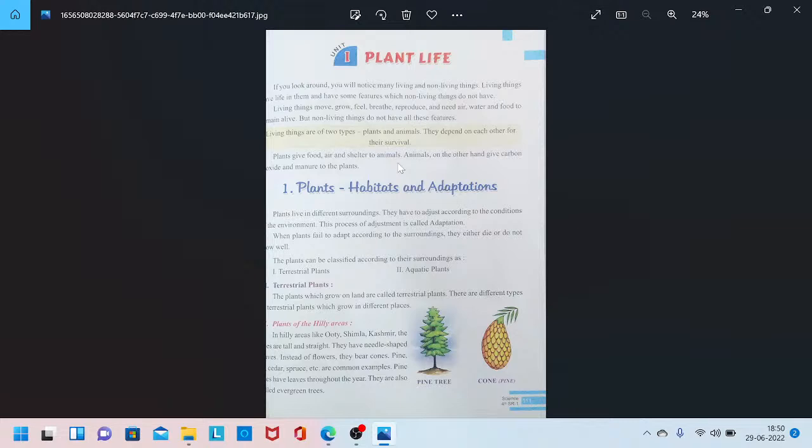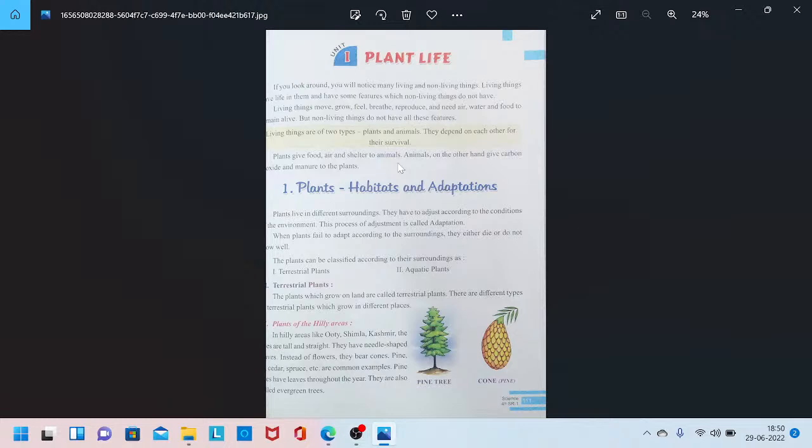Living things move, they grow, they feel, they breathe, reproduce and need air, water and food to remain alive.